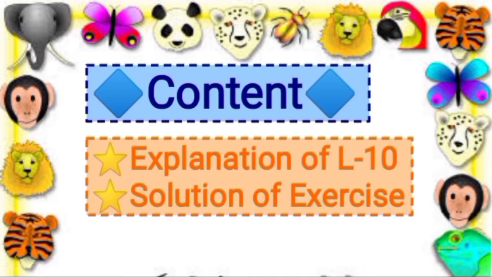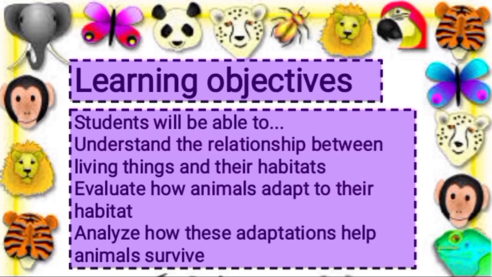Today we will understand Lesson 10 and will solve the exercise of Lesson 10. This lesson will help you to understand the relationship between living things and their habitat, to evaluate how animals adapt to their habitat, and to analyze how these adaptations help animals survive.